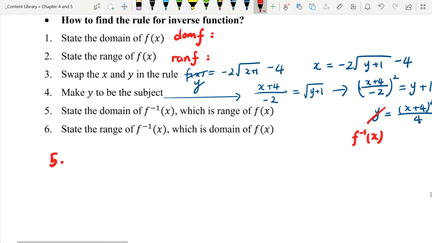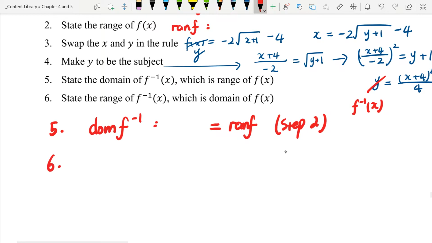So state the domain of f inverse. So say the domain of f inverse is what? But that's the same as the range of f, which means it's the same as step two. You already got this answer in step two. You don't need to do anything, you just need to state it. This is my domain of f inverse, and you can find the answer in step two.